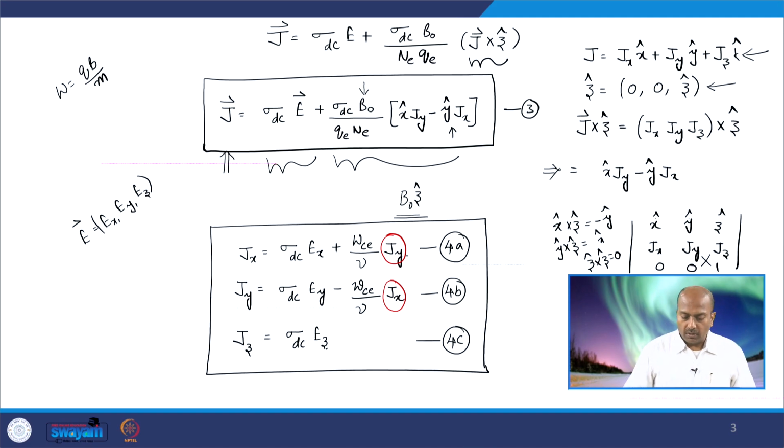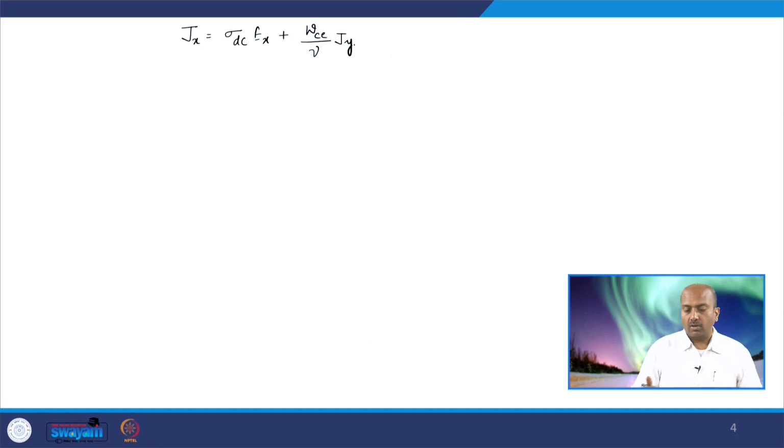So what I am going to do is, I will substitute Jy from 4b into 4a, and then I will eliminate Jy from this expression. Then I will have Jx entirely written in terms of Jx itself. Then I can separate them, or extract them, and find out an expression. This is where I am going to make a simple substitution.